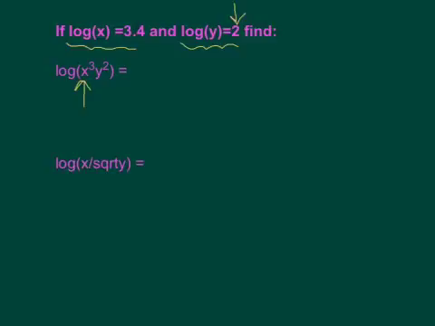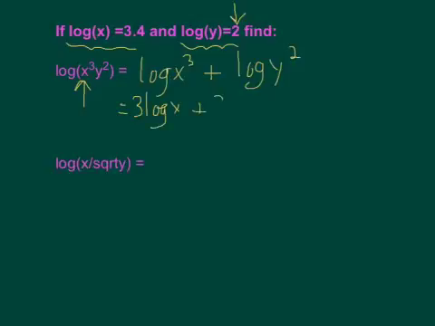So let's use some properties of logarithms here to rewrite this. I'm going to first start with the fact that we have a product here. So I'm going to add these two logarithms. And then I'm going to utilize the power property, which gives us the same thing if we look at this as 3 log of x plus 2 log of y.